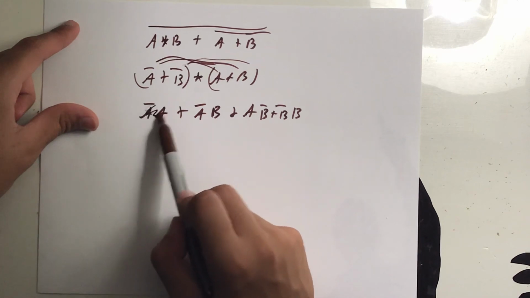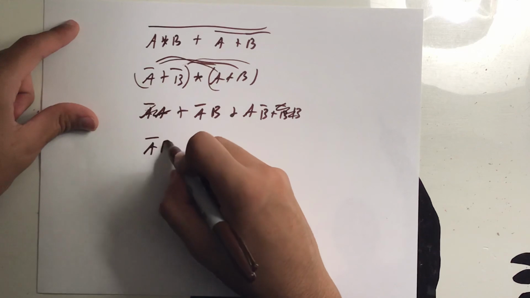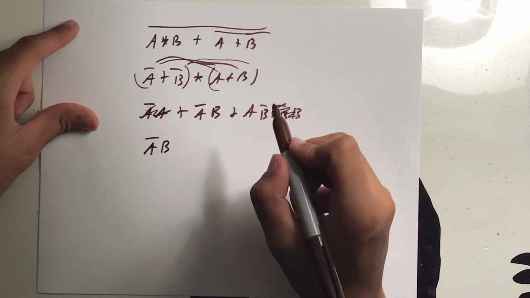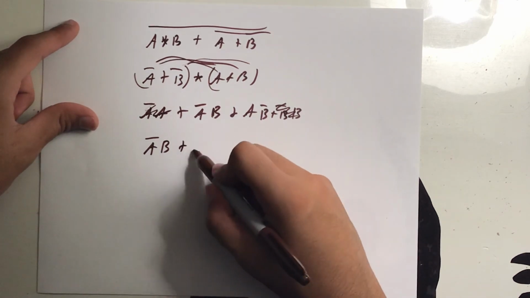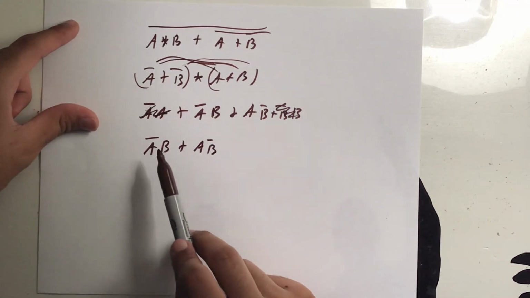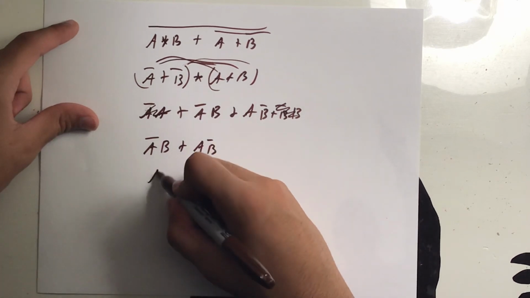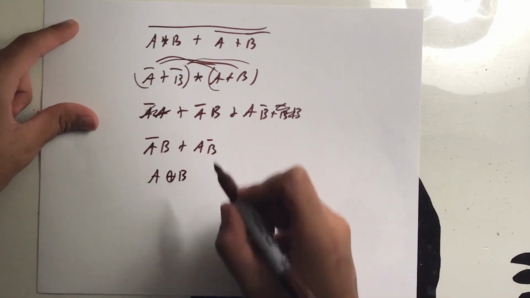This evaluates to false, and this also evaluates to false. So we're left with A not B, or not A B. Plus A not B. And if you know, okay, we have opposites on the outside, and they're not opposite on the inside. That's just A exclusive or B, and that's your answer.